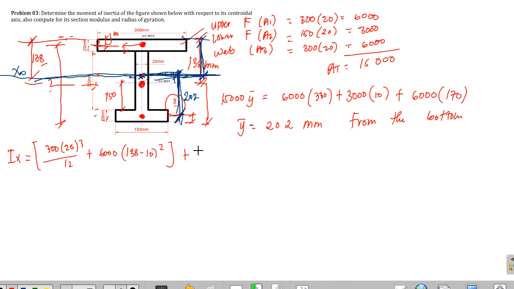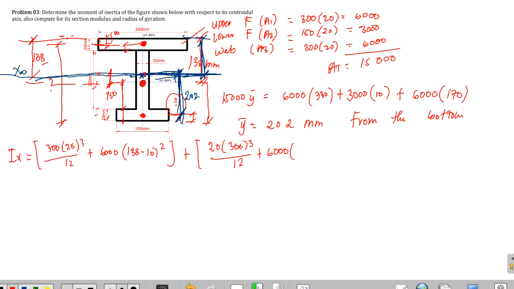the web, let's take our web, that is 20 times 300 cube over 12 plus the area, that is 6,000, times the distance. What will our distance be? This is 202, then this is 150 plus 20, 170. The distance here is the distance we are looking for.